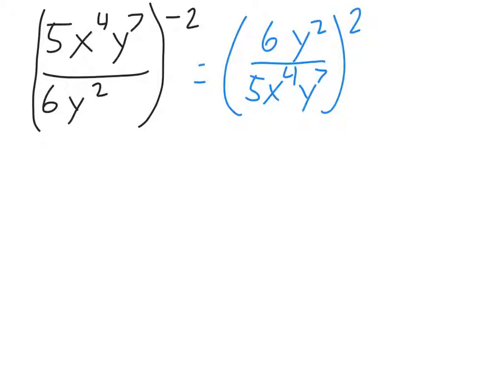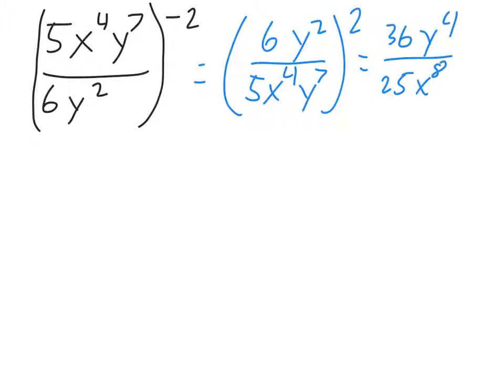Then you need to raise everything to the second power. So 6 squared will give us 36. Y squared squared, remember add the exponents, y to the fourth. 5 squared is 25. X to the fourth squared, 4 times 2 is 8.